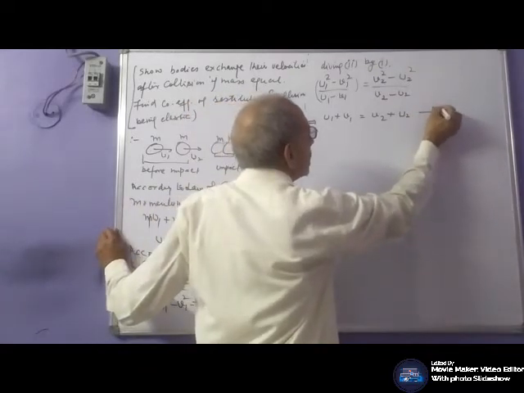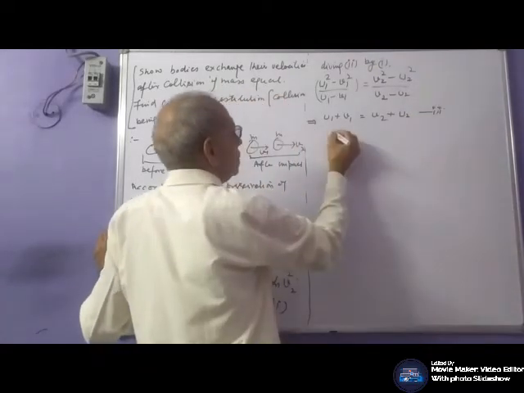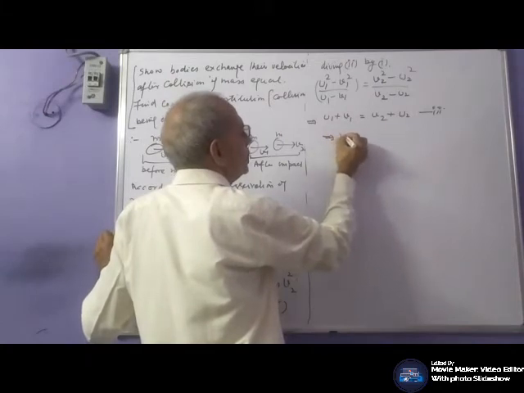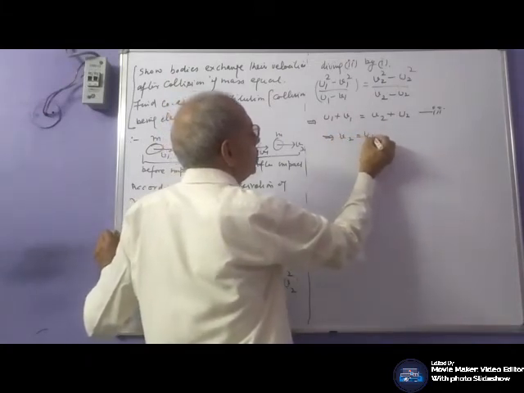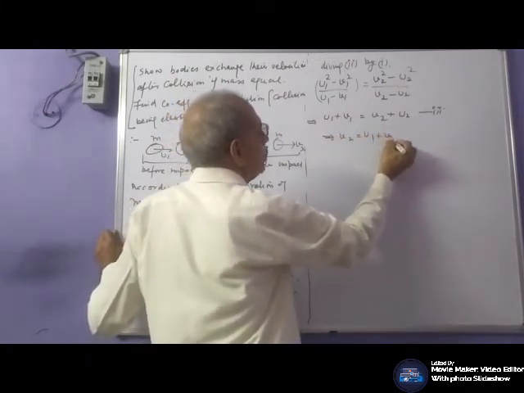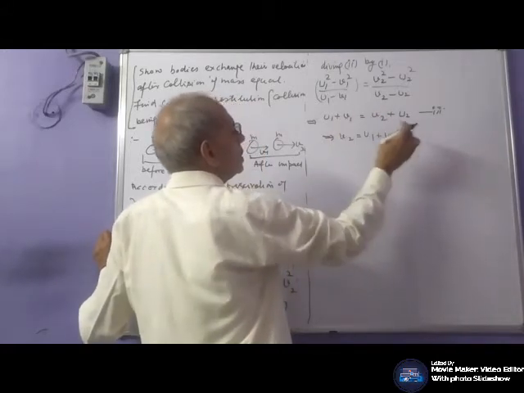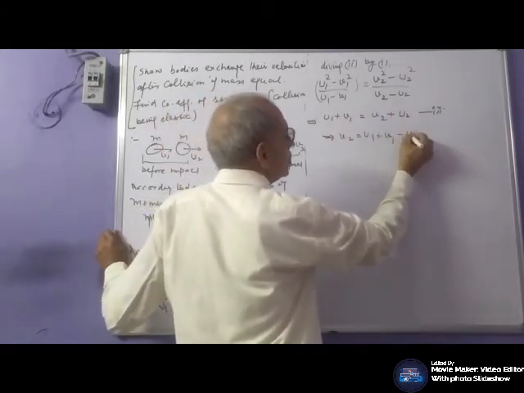Number third: V2 equals U1 plus V1 minus U2.